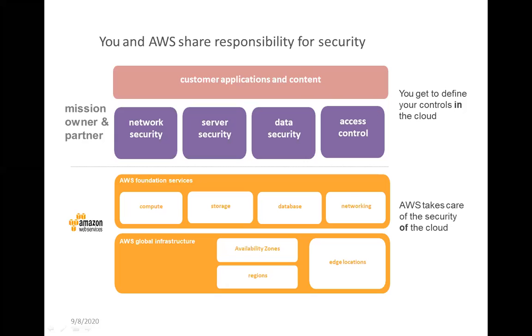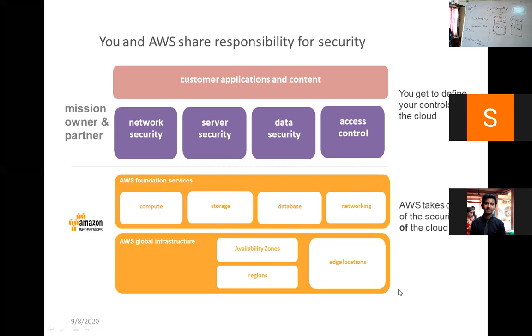Next topic is you and AWS. You and AWS means how you can interact with AWS and what your responsibilities for security are, how you and AWS can share responsibilities. In the AWS environment, you can see here the AWS global infrastructure.